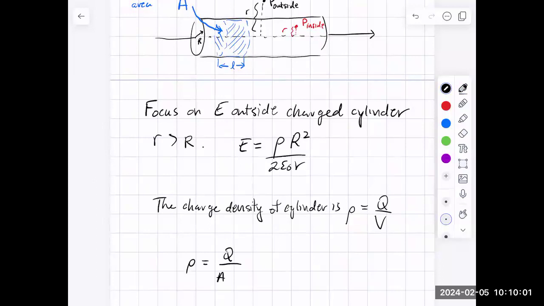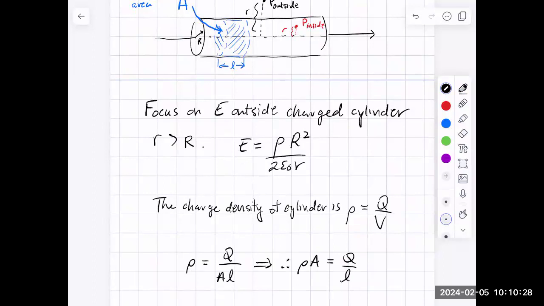But the volume of that blue cylinder is just the cross-sectional area times the length. And so I'm going to multiply by that cross-sectional area. That means rho times the area is the charge per unit length.